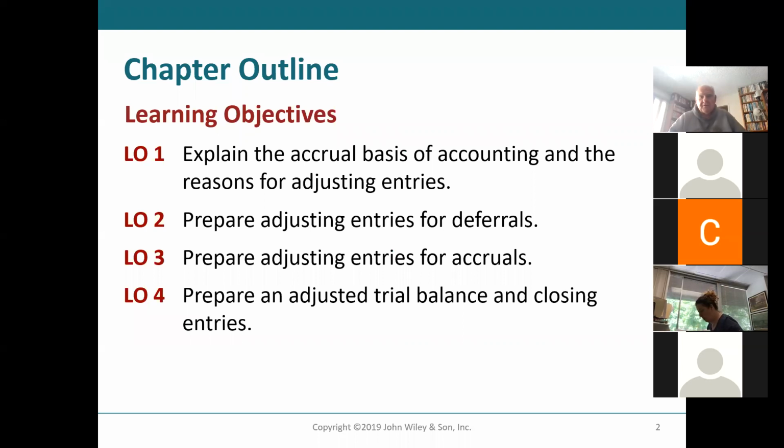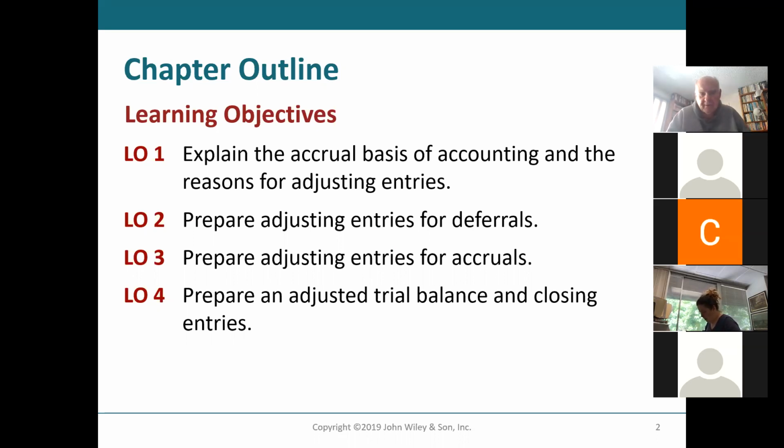Okay. We're going to talk about the accrual basis of accounting. The accrual basis. That's the only basis we teach. That is GAAP, the accrual basis, okay? And after we discuss that, we're going to go into adjusting journal entries. What you're going to learn is that the trial balance that we prepare at the end of the month, by definition, is wrong.